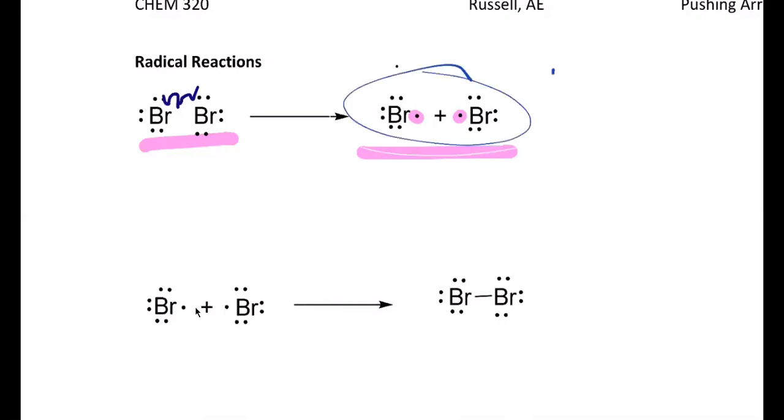And again, a radical is an atom with a single unpaired electron.